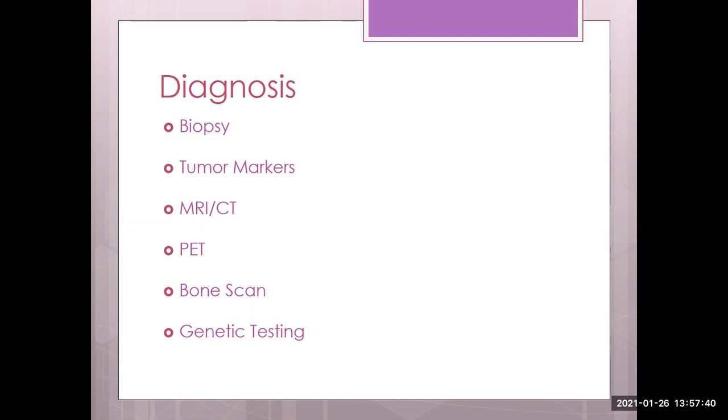Those can be looked at as part of diagnosis, looking for those specific antigens. An example of one is a PSA, prostate specific antigen, in relation to prostate cancer. With specific antigens, you can also have targeted immunotherapy as a treatment because it's very specific to that type of cancer.